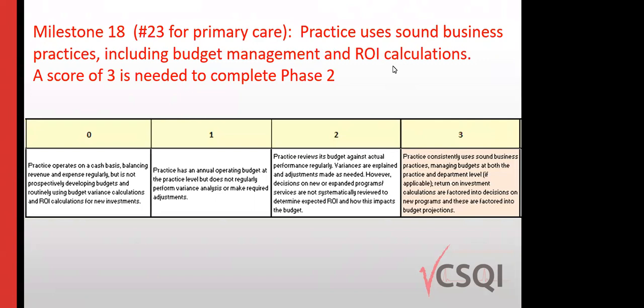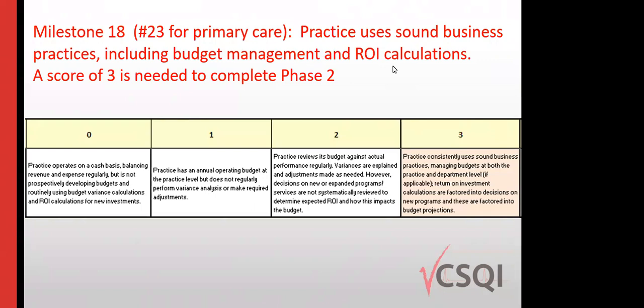You see the differences in the scores. From 0, where a practice operates strictly on a cash basis, balancing revenue and expenses regularly, but not really having an annual budget or prospectively developing budgets to consider how changes might be made. 1, there's an annual operating budget, but the practice does not regularly do a variance analysis or make adjustments.